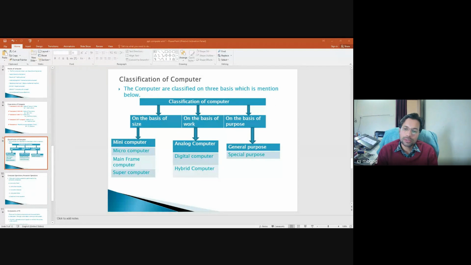We will use a specific type of computer system for monitoring purpose. That is one example. For a particular purpose, we are designing a system. Those types of computer systems are called special purpose computer systems.